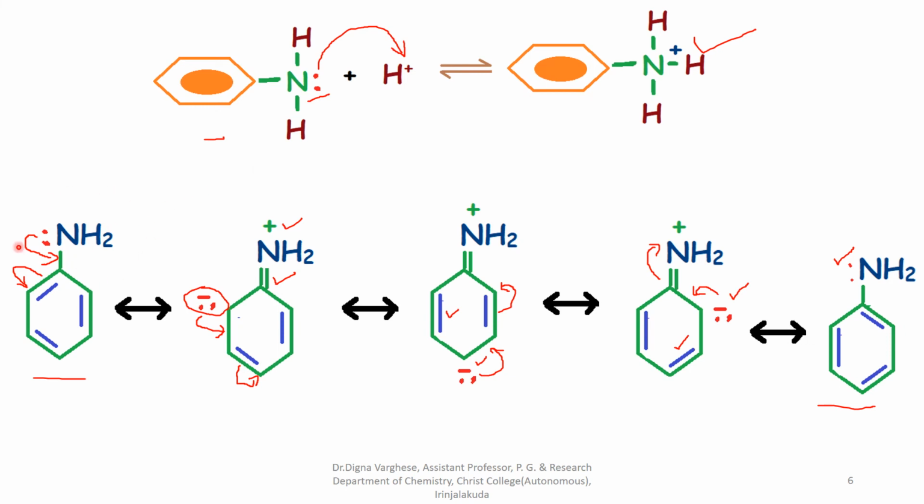So the small positive charge on the nitrogen repels the proton here. So aniline and other aromatic amines are less basic than ammonia or aliphatic amines due to the plus M or plus R effect of the benzene ring.